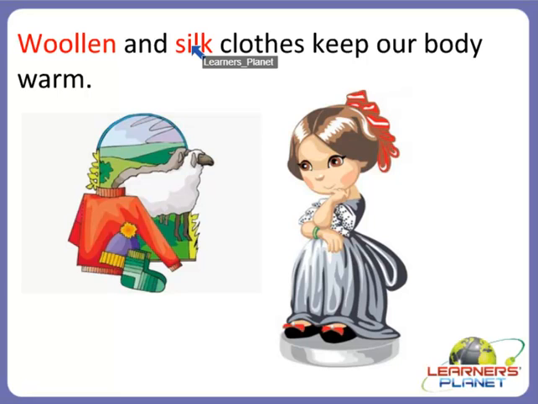So children, when it is cold, we wear clothes made up of wool and silk. So woolen and silk cloths keep our body warm. So we wear these cloths during winter season.